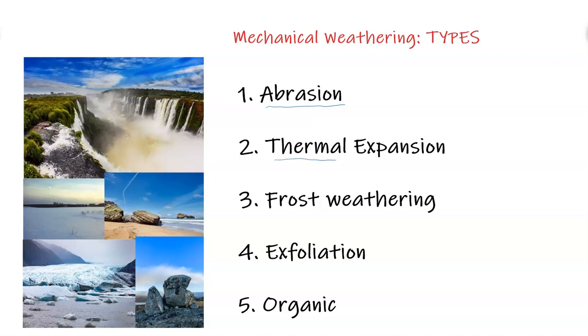Next one is thermal or heat expansion. Then frost weathering, so again looking at heat, or the lack of heat energy, to create frost. Exfoliation, the removal of pieces, and organic weathering, so in terms of plants and animals.